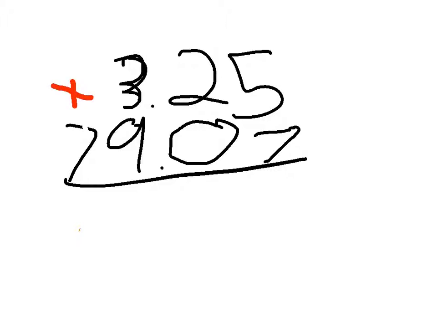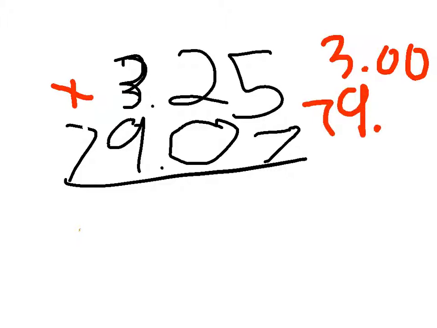Okay, and since we're rounding, I'll round this to 3 and 2500ths, 2, 3, and 7, 9, and 700ths, 2, 9, 79. Now we're adding.